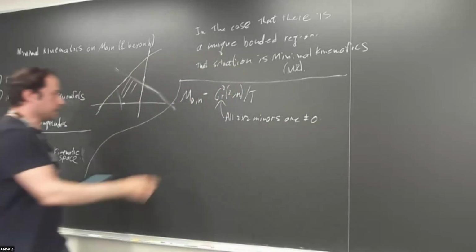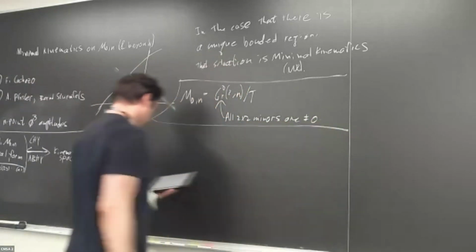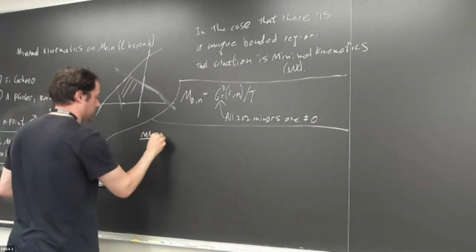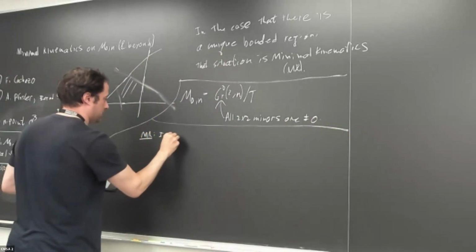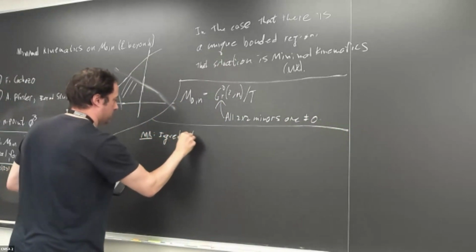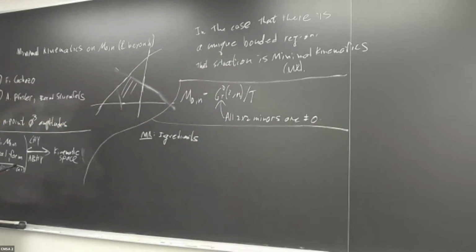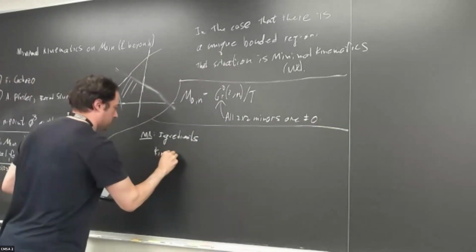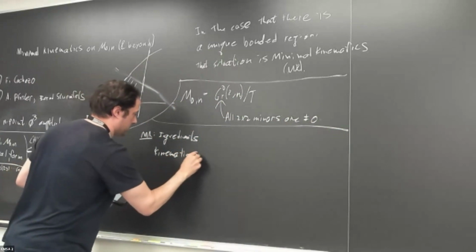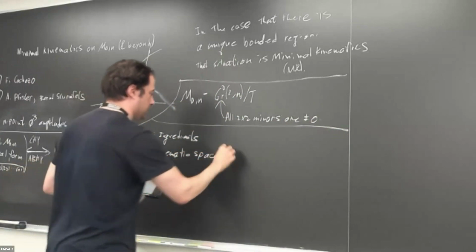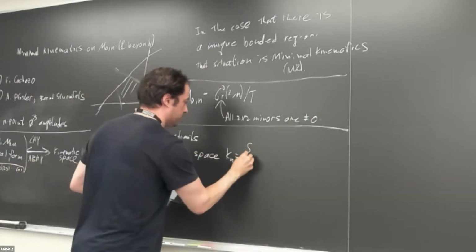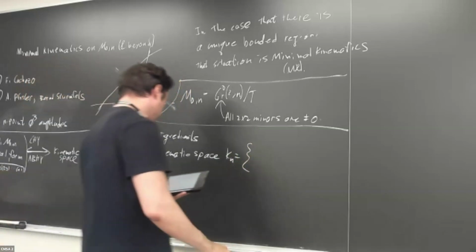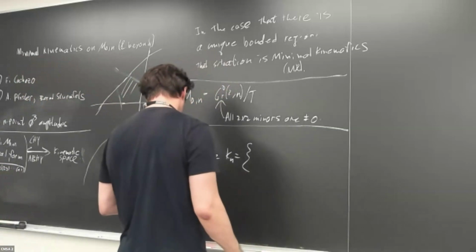Okay, so minimal kinematics. The ingredients. The first ingredient is the kinematic space, again the space of symmetric matrices with zeros on the diagonal, such that rows and columns sum to 0.